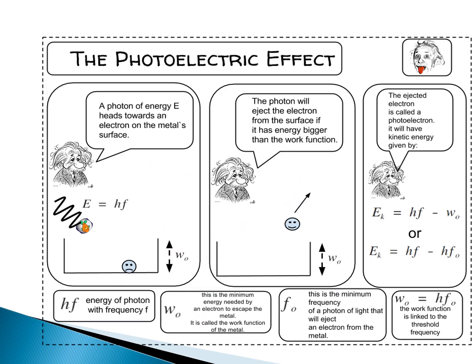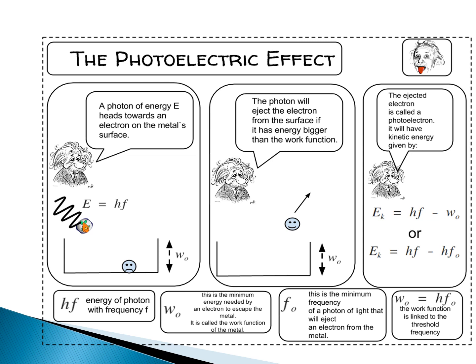Through this figure you can easily learn that a photon of energy E heads towards an electron on the metal surface. The energy of a photon with frequency nu is E equal to h nu, and the photon will eject the electron from the surface if it has energy bigger than the work function.